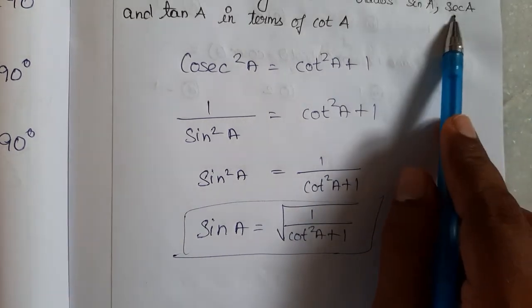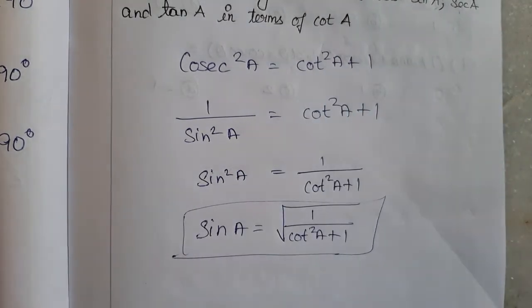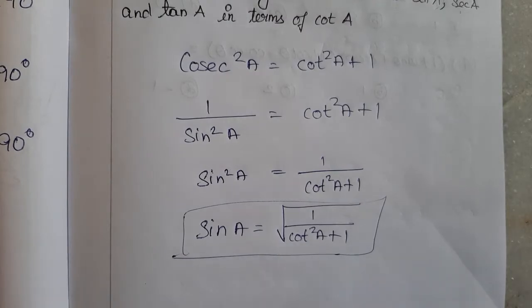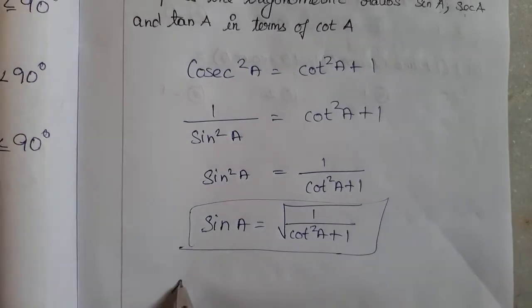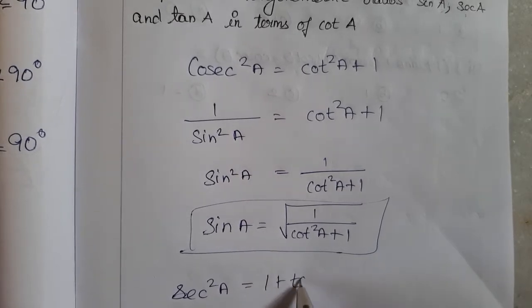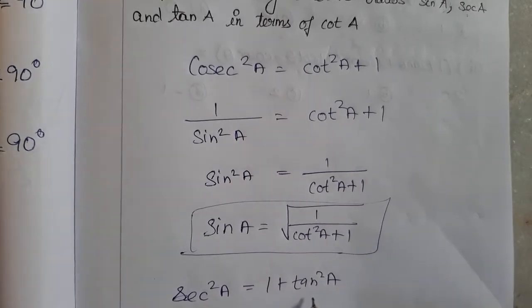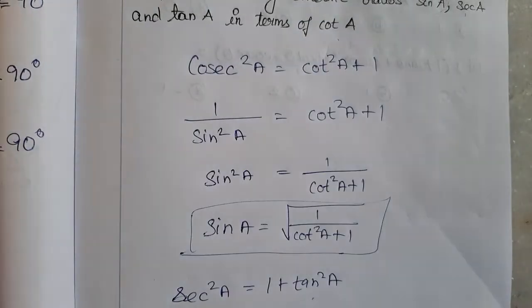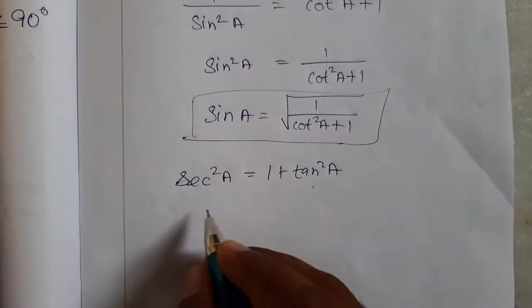So next they ask to find the sec in terms of cot. With the sec we know the identity that sec square A is equal to 1 plus tan square A, and the tan square is easy to convert to cot A since it is an inverse, right?